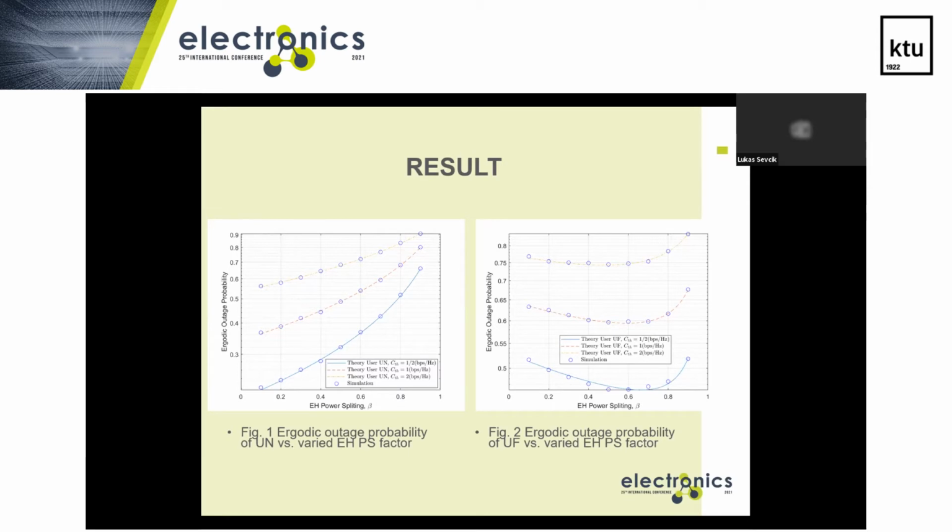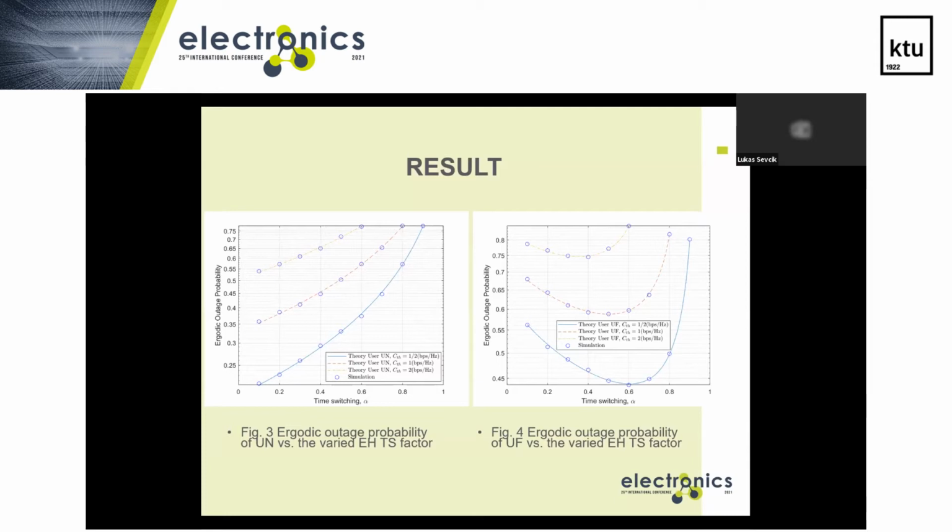They decrease at first to reach their minimum, and after that quickly rise to their maximum values, as well as the maximum ergodic outage probability of 0.52 in the case of 1/2.